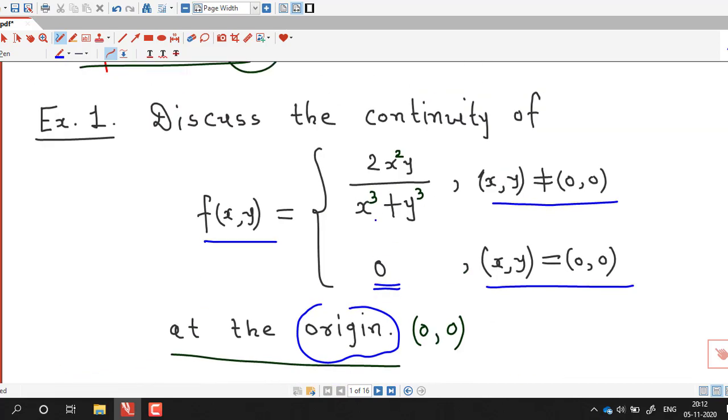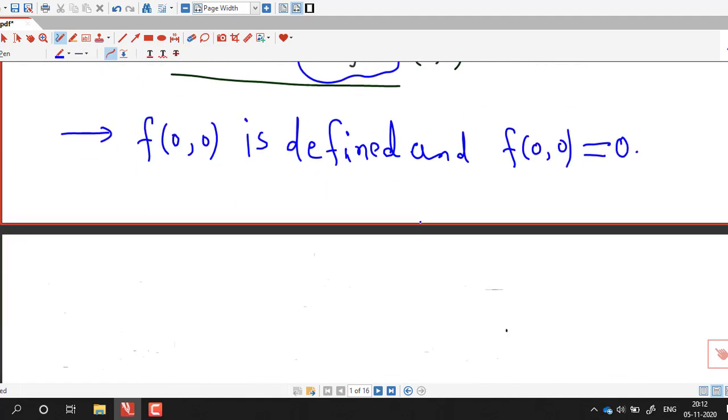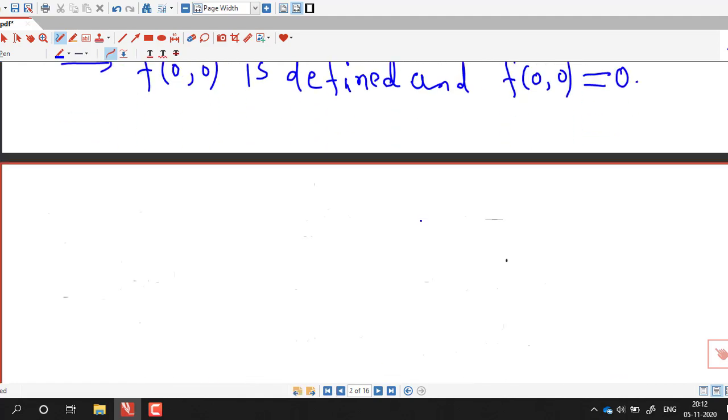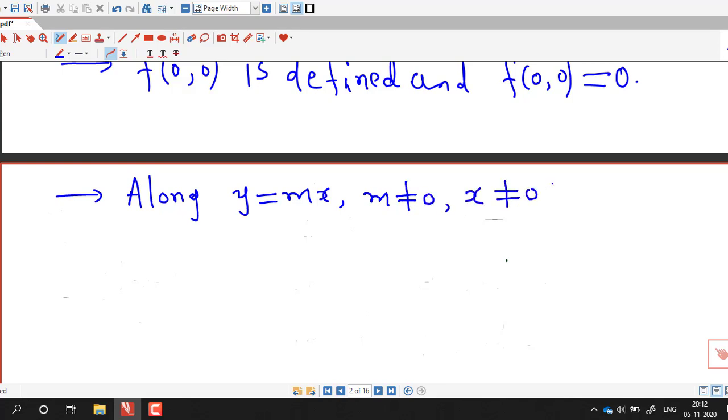So first we try to check the limit of this function along all the lines passing through origin. So first we write along y equal to mx, m is non-zero, x is non-zero.